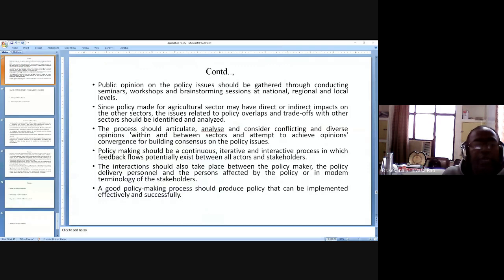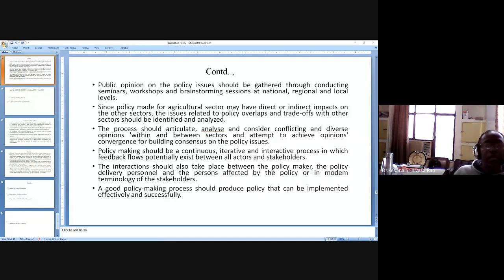Policy making should be a continuous, iterative, and interactive process. The interaction should also take place between the policymaker, the policy delivery personnel, and the persons affected by the policy, or in modern terminology the stakeholders. A good policy making process should produce policy that can be implemented effectively and successfully.